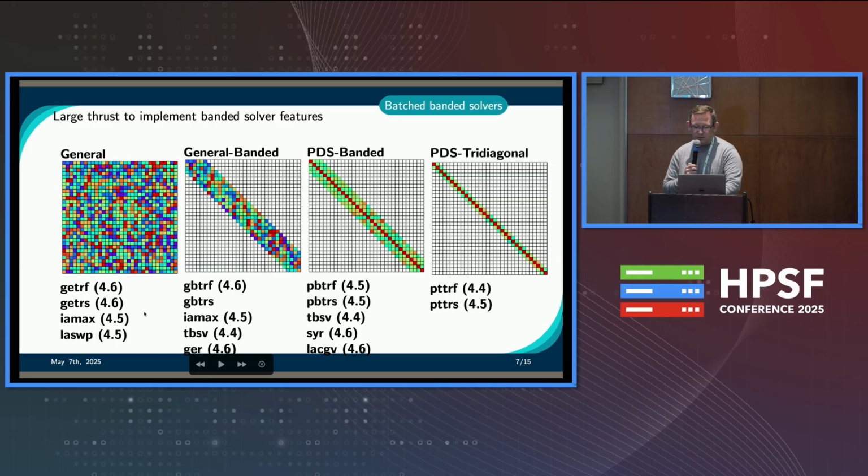We have some work on general banded matrix. So these are matrices where you have the knowledge that only a few offsets off from the diagonal, you're going to have actually non-zero values of importance. Again, for the factorization and the solve primarily. This one also included some utility functions like the GER, which is a rank 1 update.